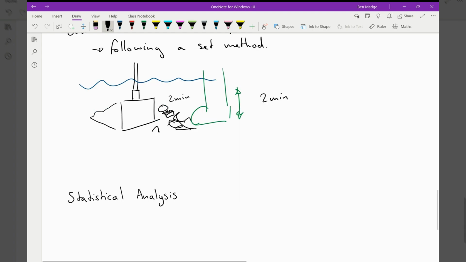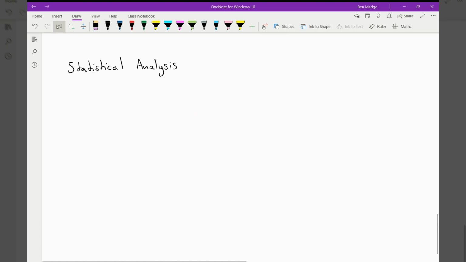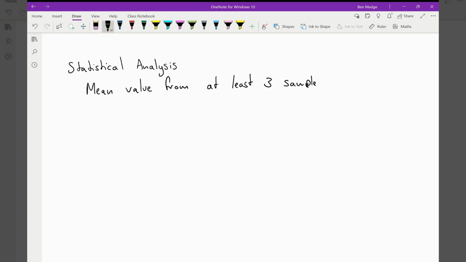And then the last one is statistical analysis. What sort of statistics are we going to look for? And this will inform, in part, how you are going to set up your investigation. Typically we're going to calculate a mean value from at least 3 samples from each site, remembering we're going to have 10 sites.